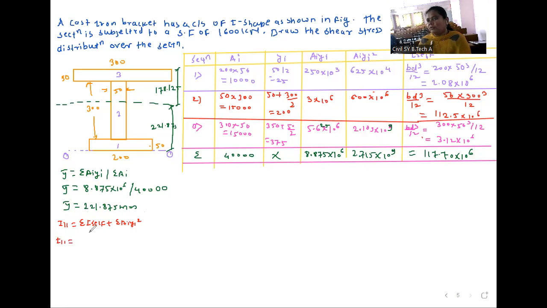So I11 is equal to summation of I self, that is 117.70 into 10 raised to 6, plus summation of A y squared, which is 2.715 into 10 raised to 9. So you calculate I11, which is equal to how much?